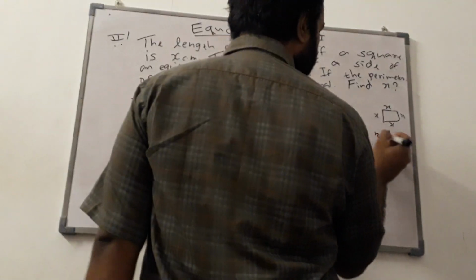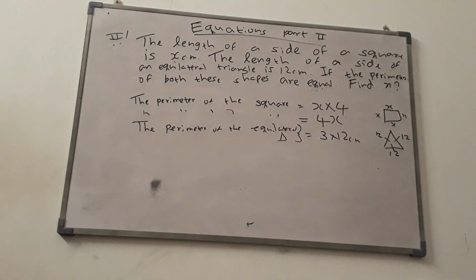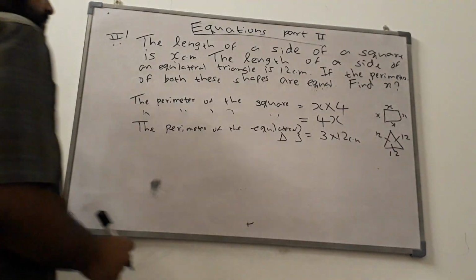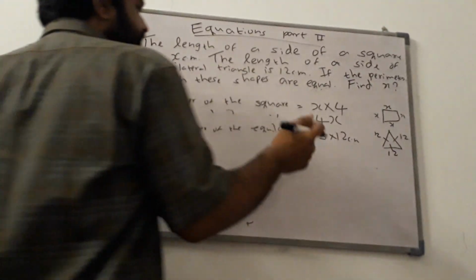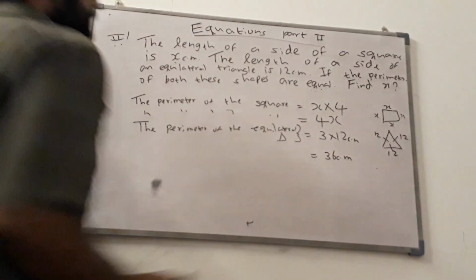One side is 12 means each side should be 12. This is 12, this is 12, also this is 12. So the perimeter of the equilateral triangle means 3 12s, or 12 plus 12 plus 12. 3 12s means 3 times 12, which is equal to 36 centimeters.